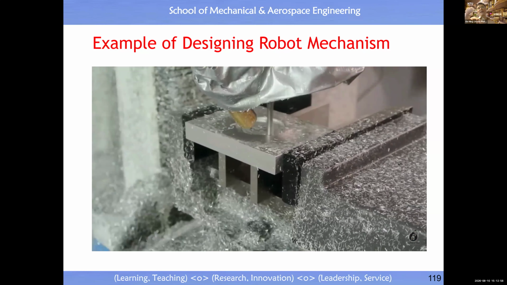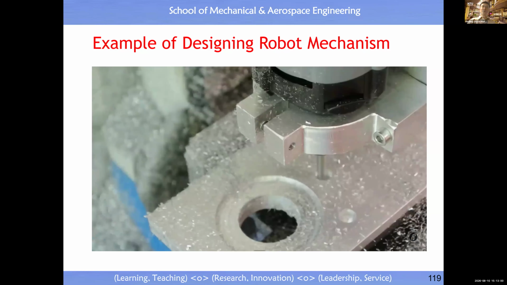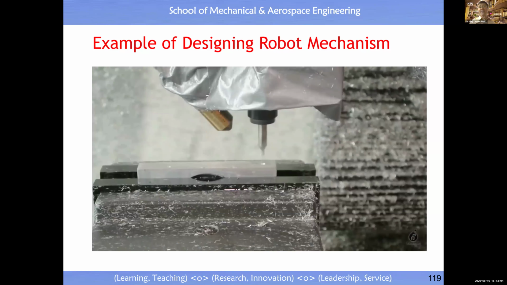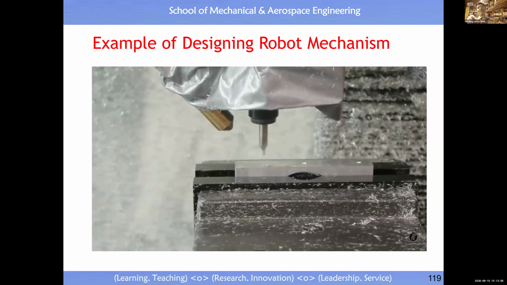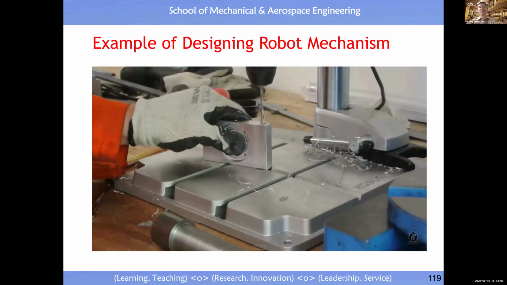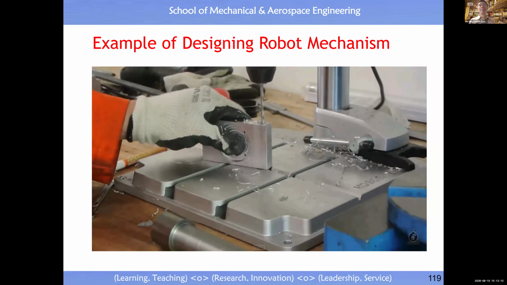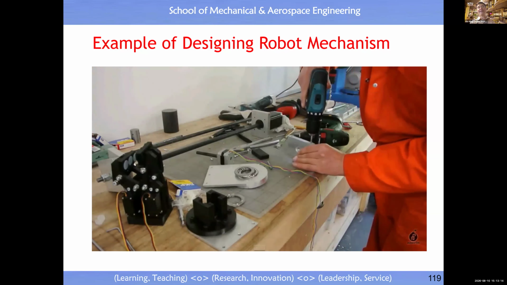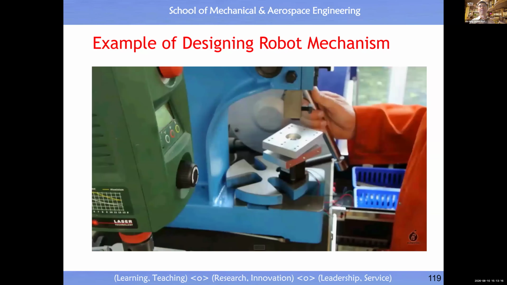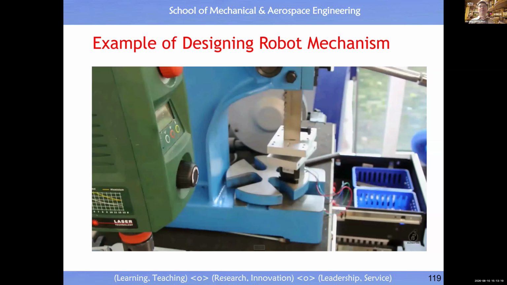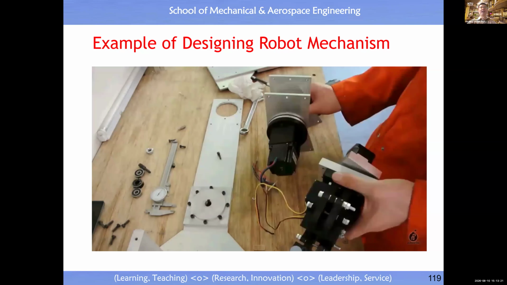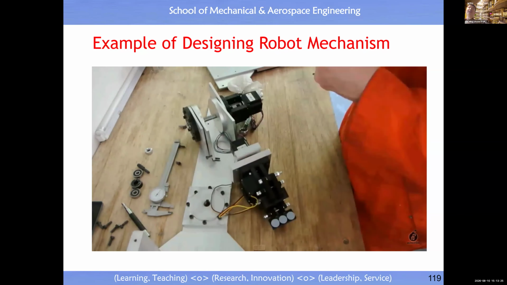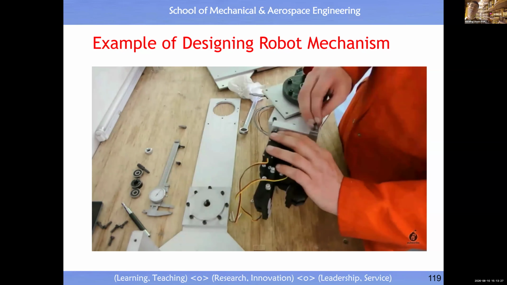Then you do machining of all the necessary parts, producing individual parts. After that, you do assembly. Put the related parts together, then form sub-assemblies, then put the sub-assemblies together, and you have a robotic arm.